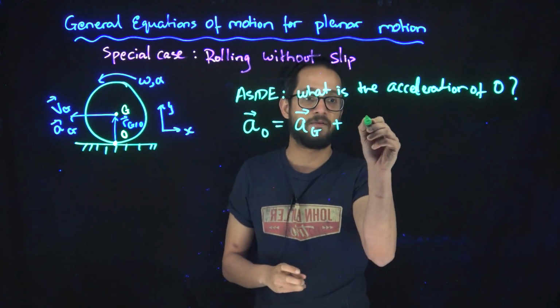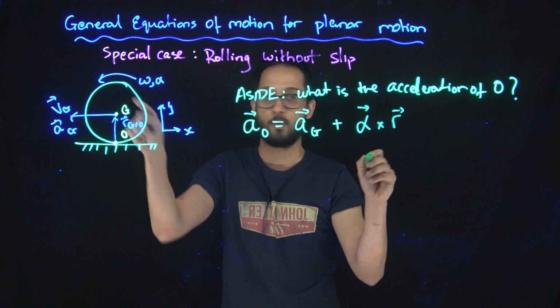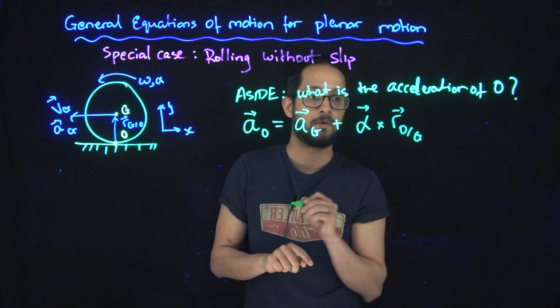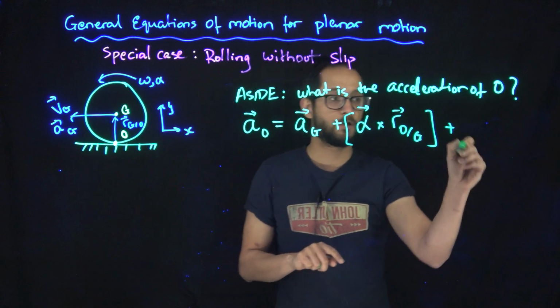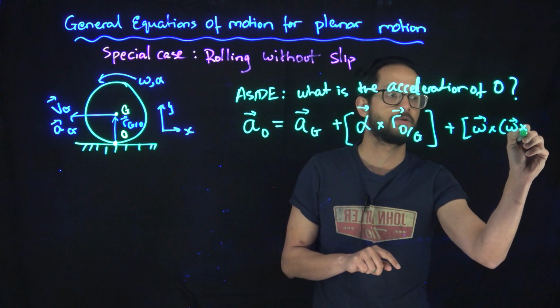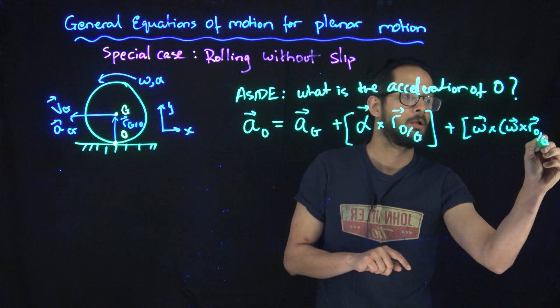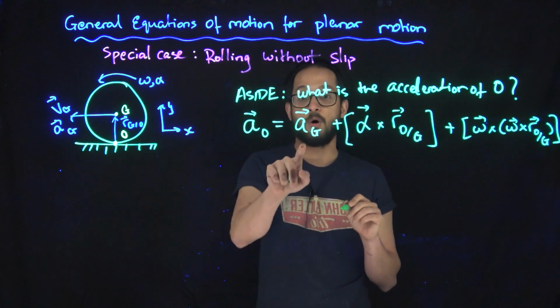Then you have an alpha term, so alpha crossed with R, now looking at O with respect to G. So that's the second term. Plus you have your centrifugal term, so omega crossed with omega crossed with R of O relative to G. And what's AG equal to?